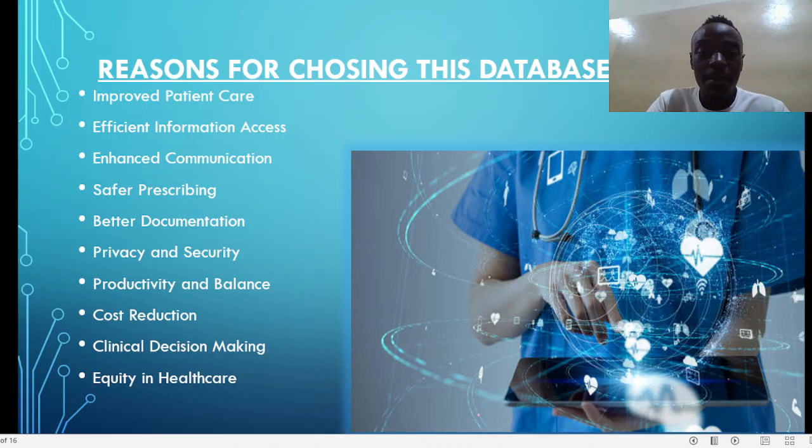My first reason was improved patient care. There I will be telling you how my project will give accurate, up-to-date and complete information about patients at the point of care, which can lead to better patient outcomes. My second reason is efficient information access, enabling quick access to patients' records, facilitating more efficient care.